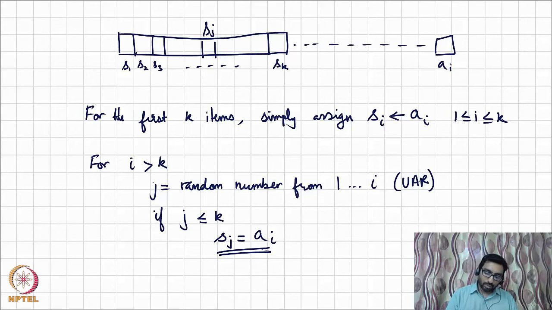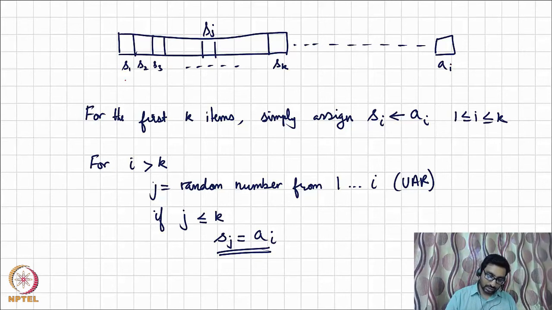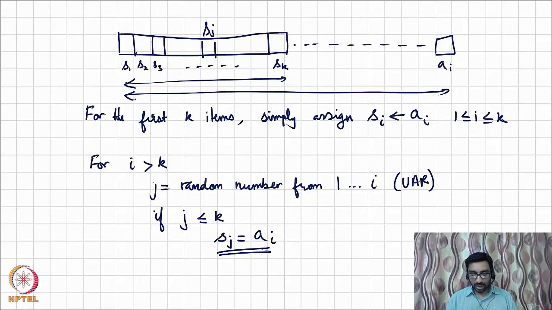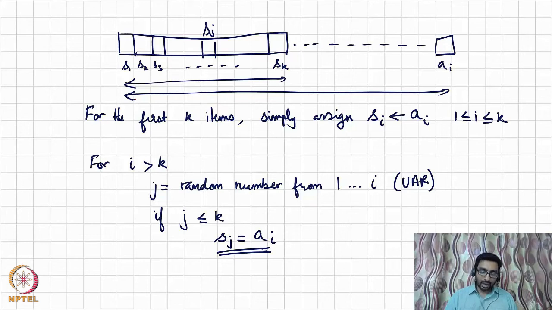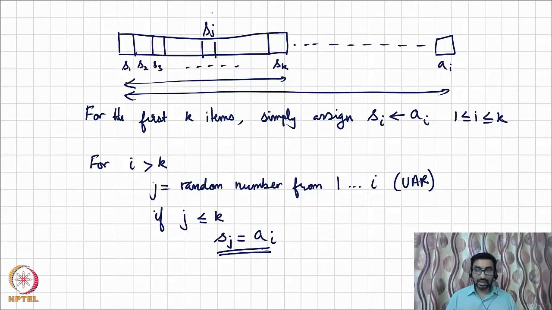With probability k over i, it replaces an item from the memory cells. And which memory cell should it replace? It replaces exactly the index that was generated randomly.